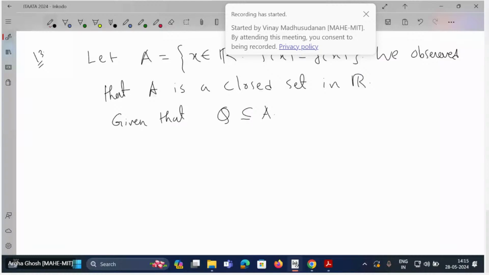So then what can we do after this? We have to show that this set A is whole of R. How to show it? Q is a subset of R. Then what can we do?